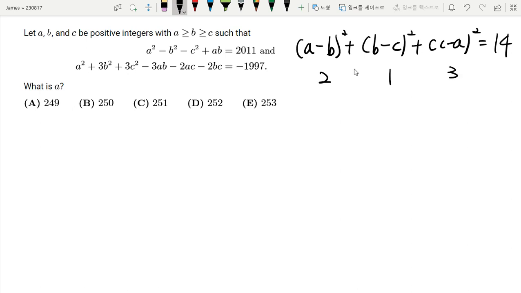So that means because A is the greatest, B is A minus 2, and C is A minus 3.